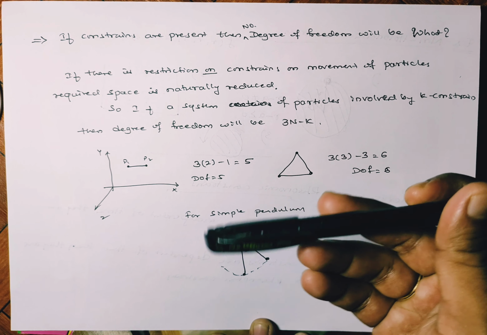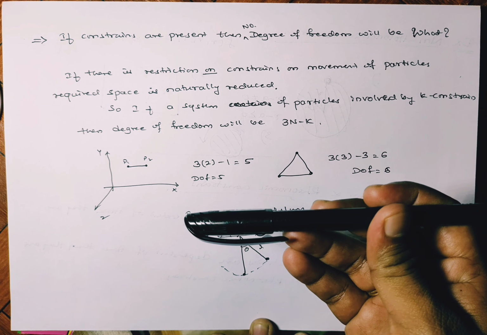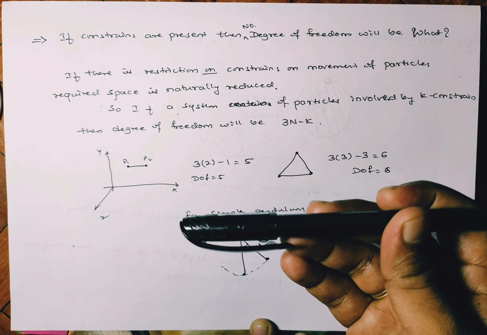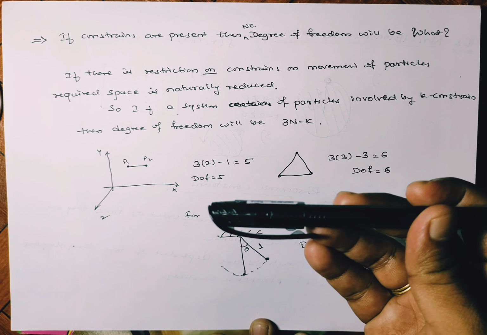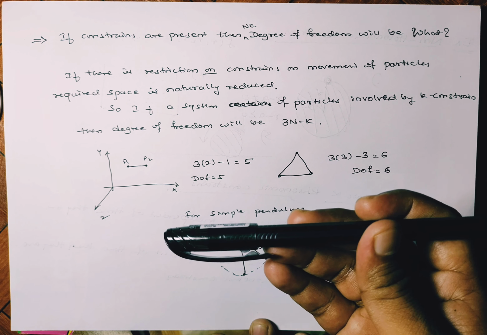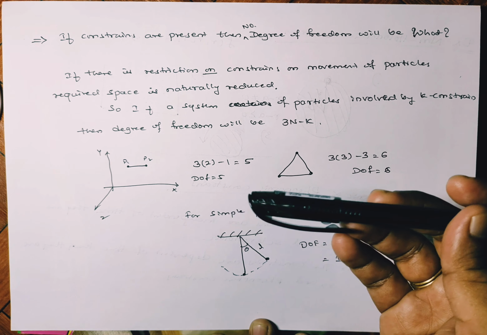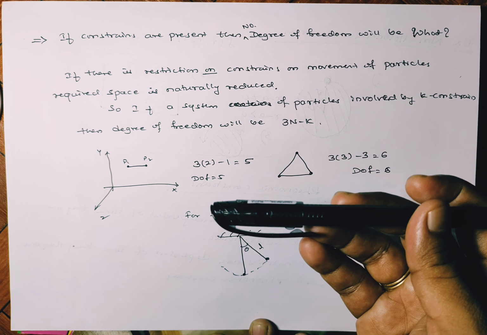Just I have given one example. This is a pen in space which is moving along the x-axis, y-axis and z-axis. Then the degrees of freedom is 3. If I restrict it to a plane surface, it can move along the y-axis or along the x-axis. It cannot move along the z-axis, means that is restricted.